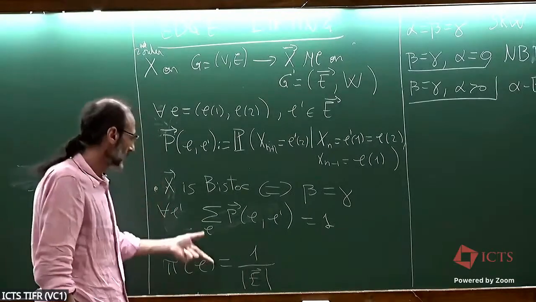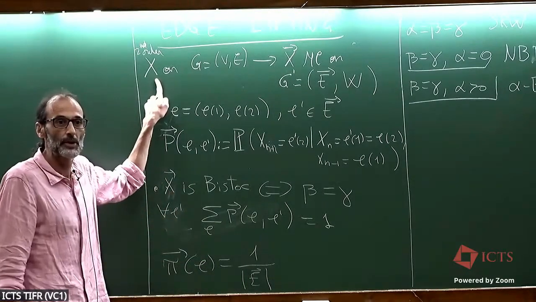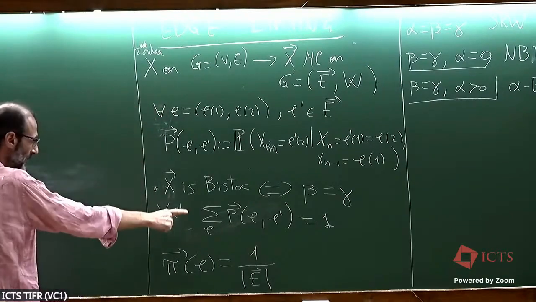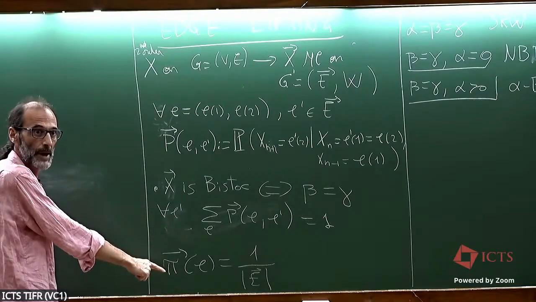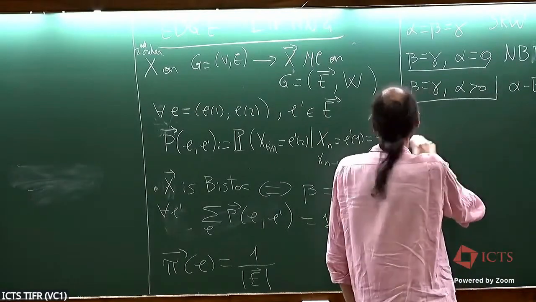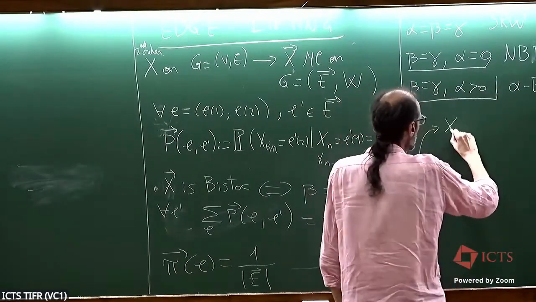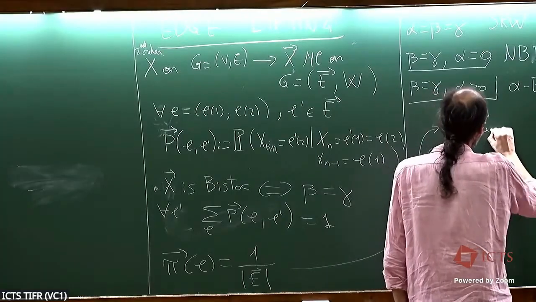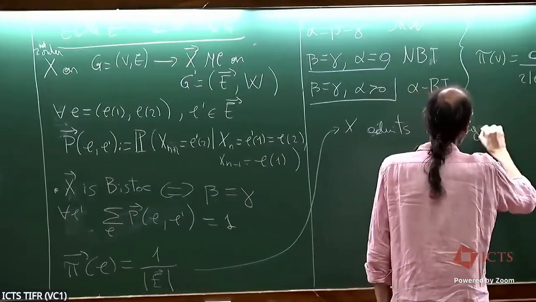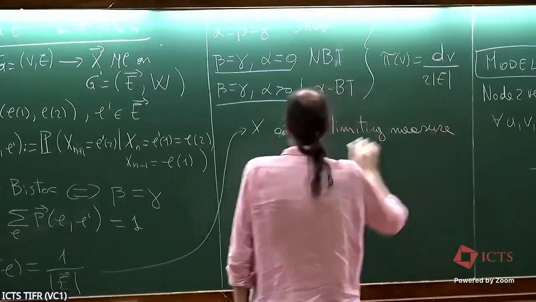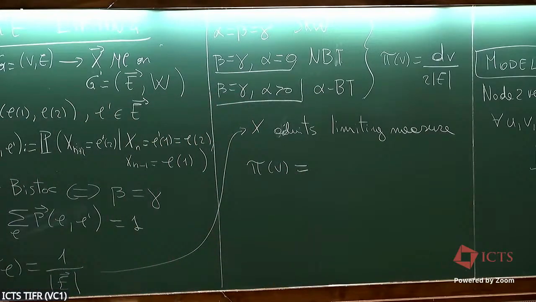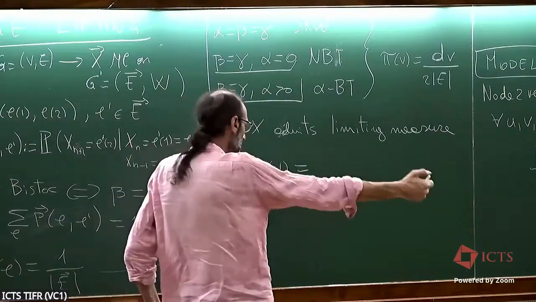And now, out of this, you can go back to the original process by what is called a pullback operation. Namely, if this Markov chain has an invariant measure like that, then you can conclude in particular that the original Markov chain X admits a limiting measure pi of V, which is nothing but the pullback of this pi hat from the edge space.